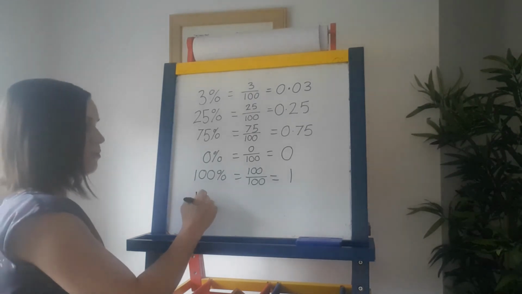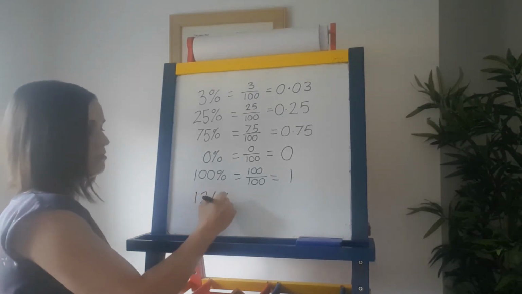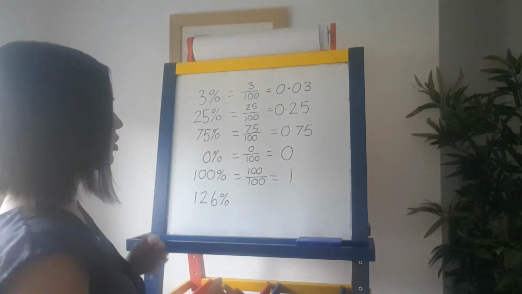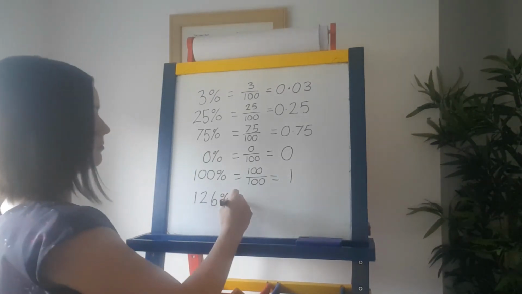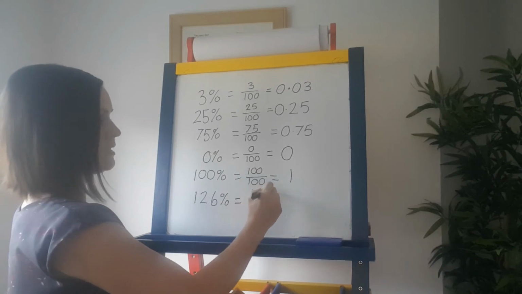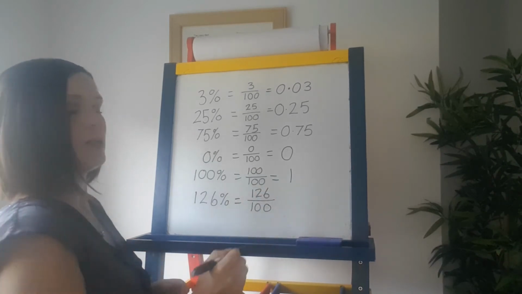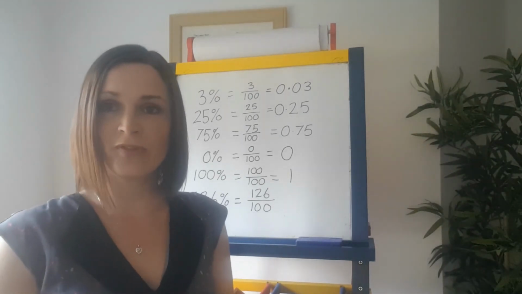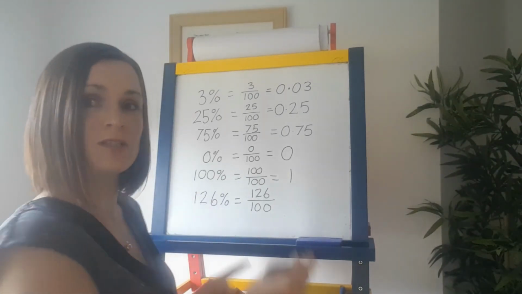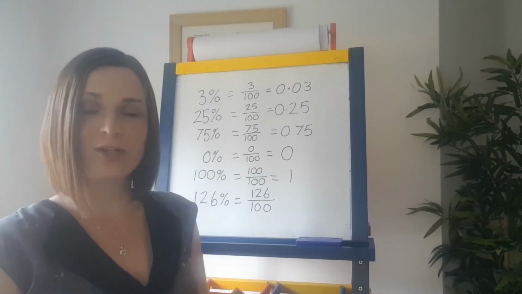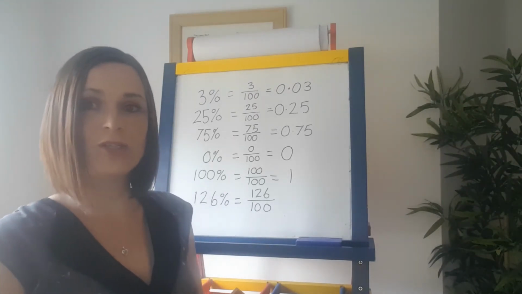Another special kind of percentage to look at would be something like 126%. Can you have more than 100%? And the answer is yes, you can. 126% is 126 over 100. Now if you remember back to one of my other videos about improper fractions, this is an improper fraction. The numerator on the top is bigger than the denominator.